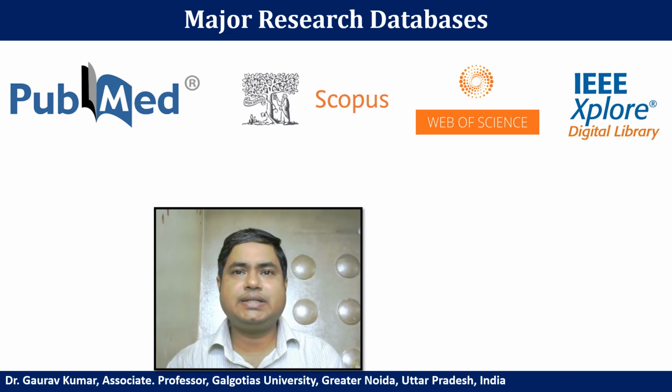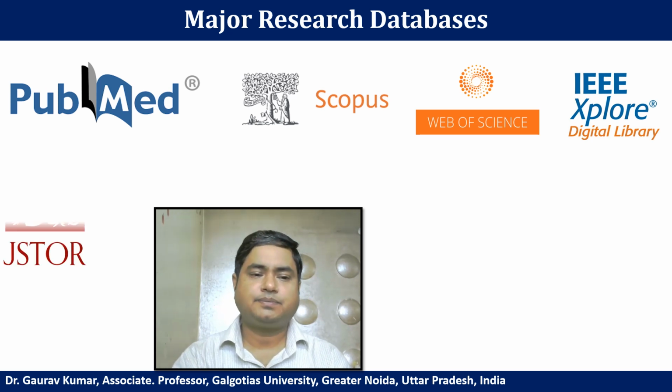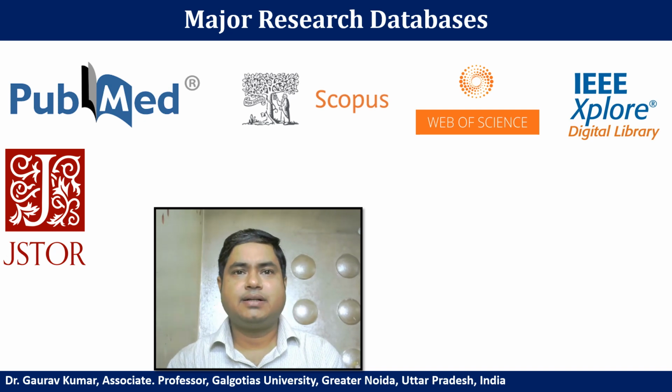This database includes journals, conference proceedings, and standards. JSTOR. It is a digital library that provides access to academic journals, books, and primary source material, primarily in the humanities and social sciences.